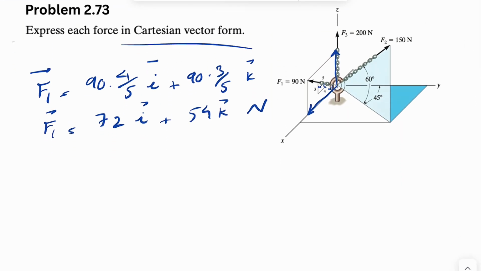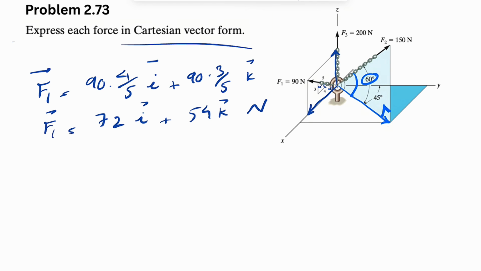Let's move on to F2, which is a little bit more complicated. We can see that F2 has all three components, and we already have the projection of F2 on the XY plane, which is going to help us find the XY components and the Z component. We know this angle here is 60 degrees, and this is a right angle here.